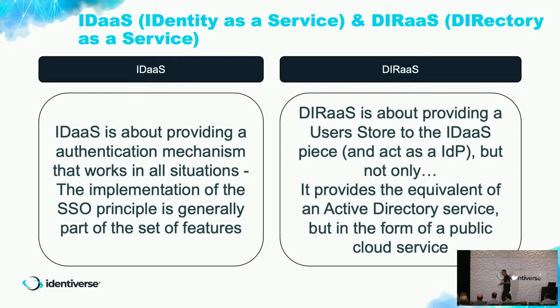The second part, which is not directly related to the applications, is the directory as a service. If you think about it, it is AD running in the cloud as a cloud service. But again, it means you need to provide all the different pieces which are provided by AD. So it's not only about authentication and authorization.